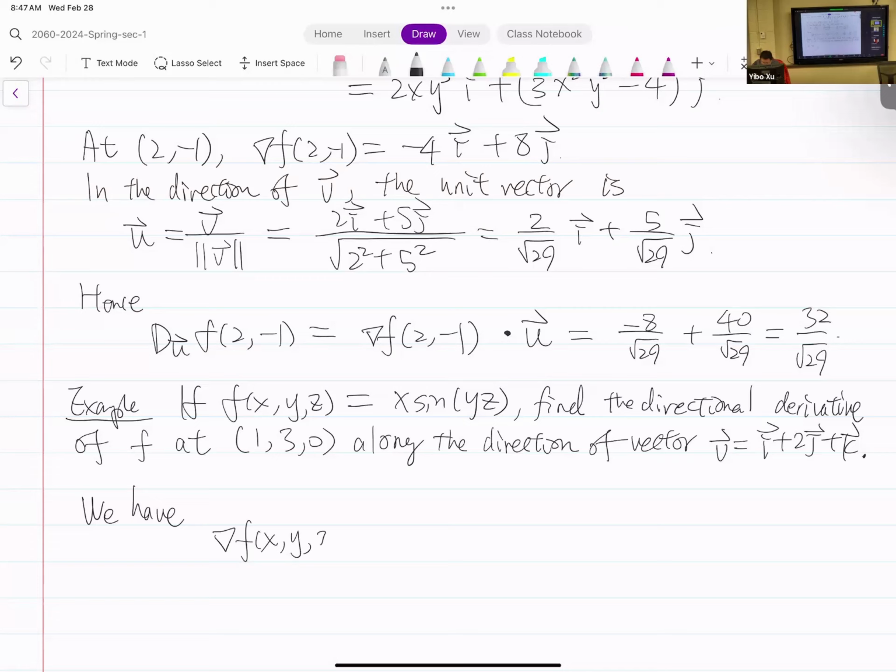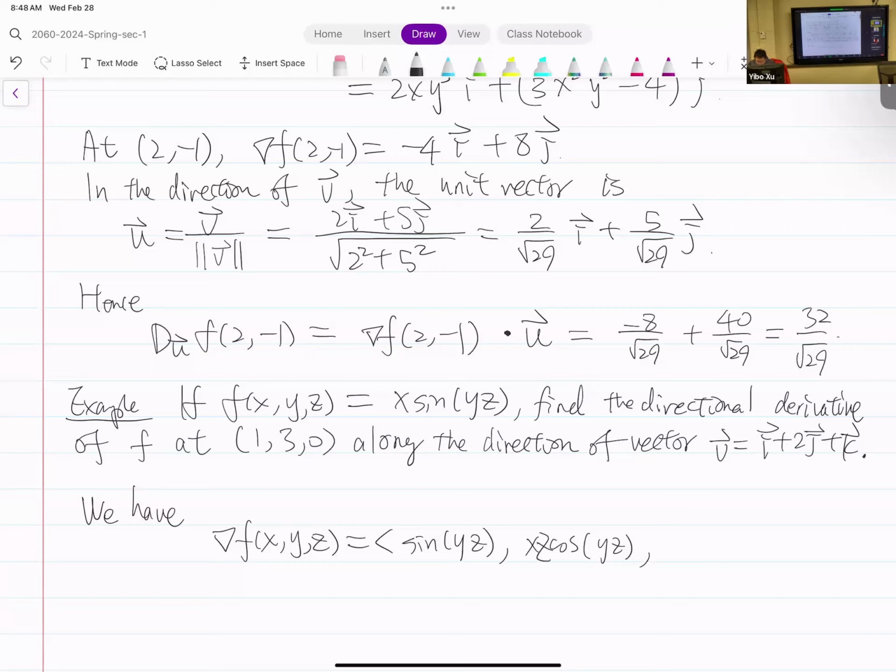So we have nabla f at a general point x, y, z. Just list the partials. When you do the partial with respect to x, that's just going to be sine of yz. When you do the partial with respect to y, it's a composition. x is the constant multiplier in front, and z is the multiplier inside. So the derivative of sine is cosine, and then we evaluate that at yz, and then we multiply by the derivative of the inner, so it's z in front.